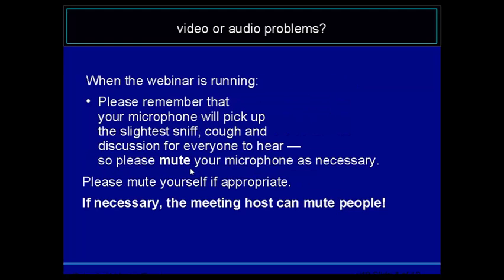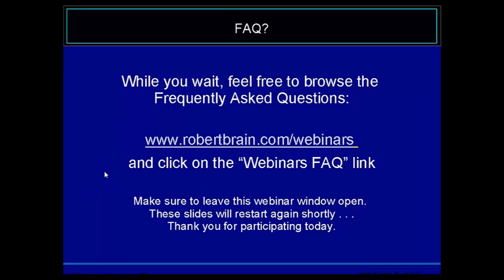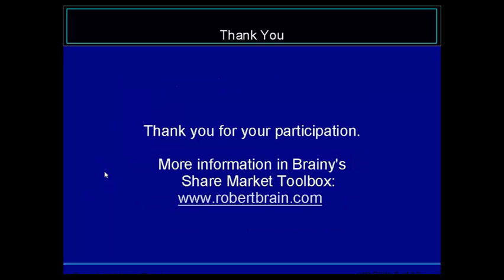The other thing that this equipment is usually good at doing is picking up any little sniff or bit of background noise, and if I can hear that, I might mute people if I think I know where it's coming from. If we do that, you can unmute yourself at any time, but if you've noticed noise at your end, please feel free to mute yourself, but you can unmute anytime. And that's about all. So let's get underway.